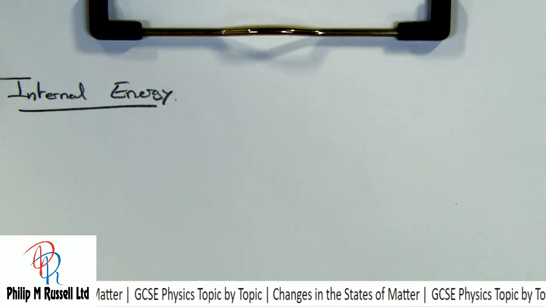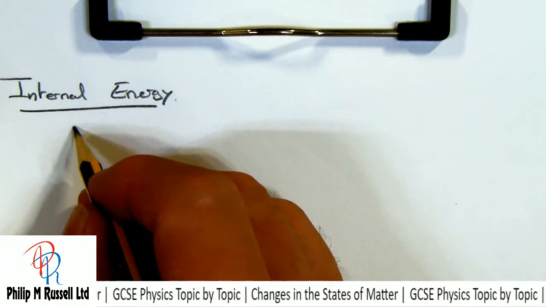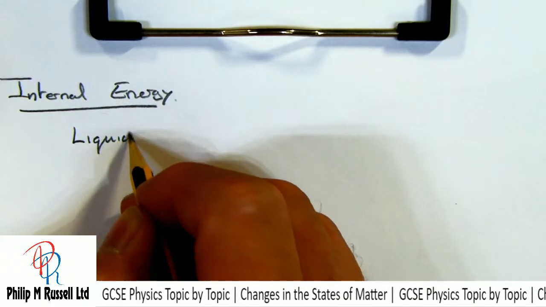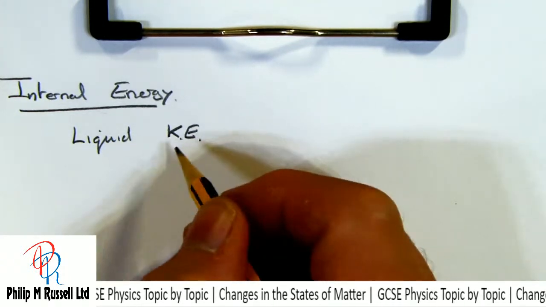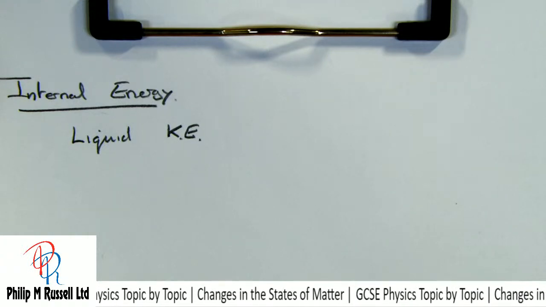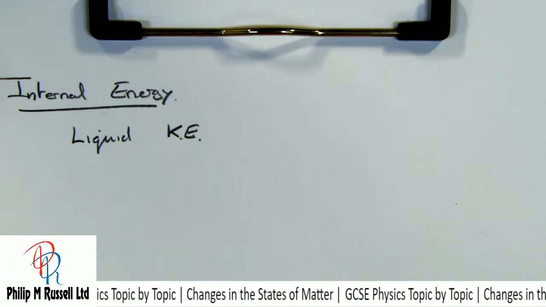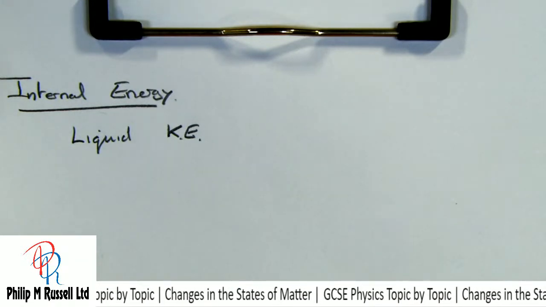Basically, molecules have got energy, they're moving around. At the moment it's a liquid, and so we've got energy of movement, and I will call that kinetic energy. The molecules have individually got kinetic energy. They can move around. They're a liquid.